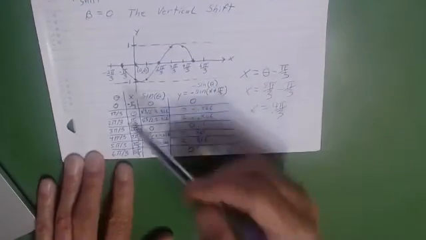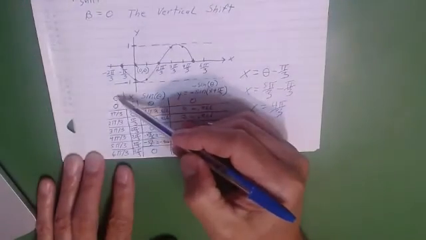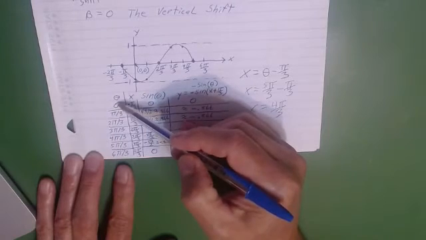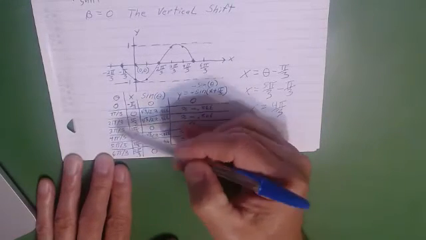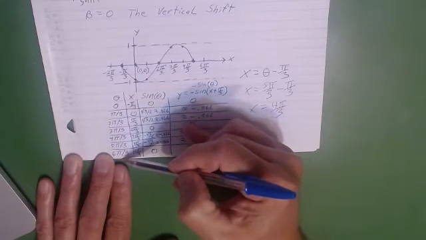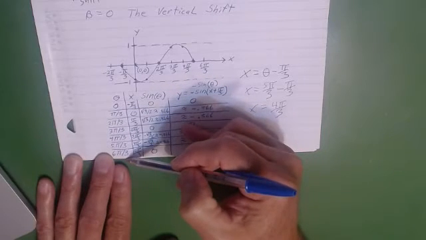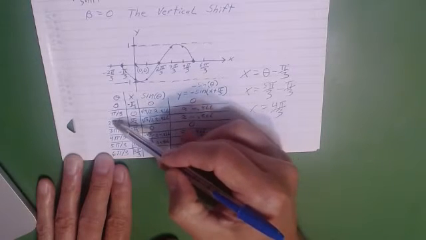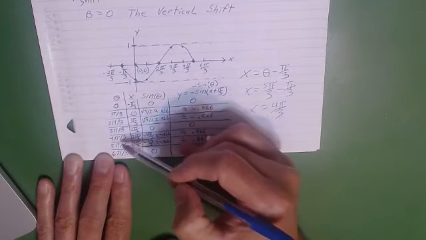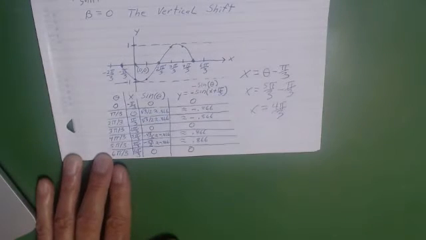Okay, so you get theta, you go from 0 to 2 pi, you pick how many increments you want to use. Usually I'm going to use pi over 4. If they're just doing a sine or cosine function, sometimes people even use pi over 2, 2 pi over 2, 3 pi over 2. They only have 5 points. They just go in pi over 2 jumps because they know what the function looks like.